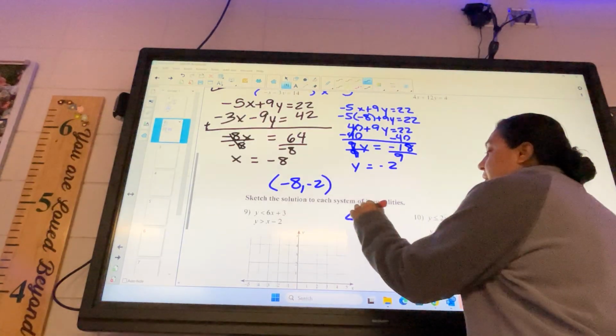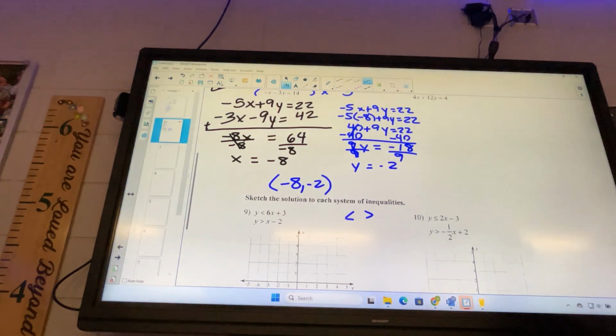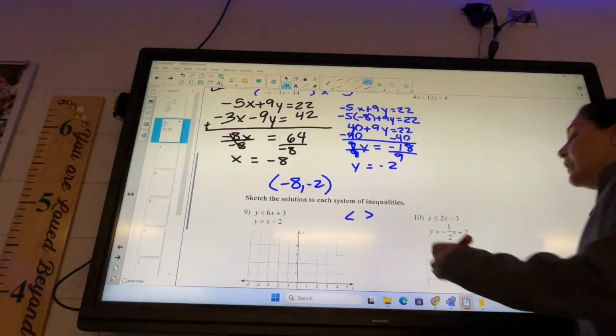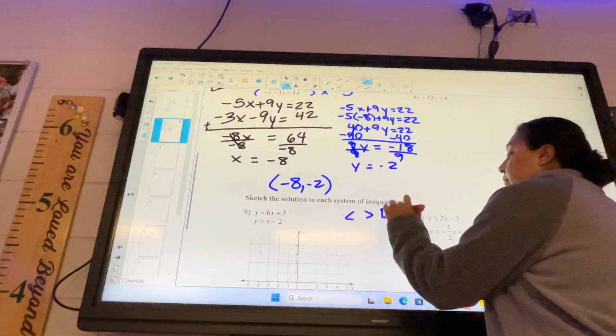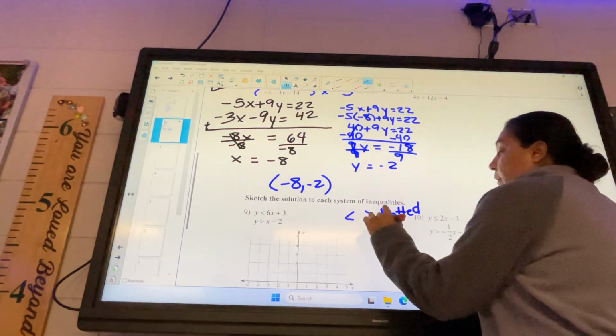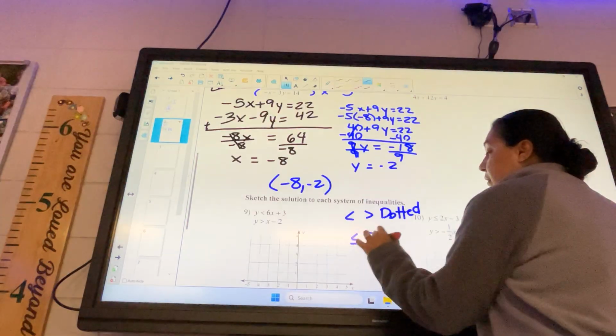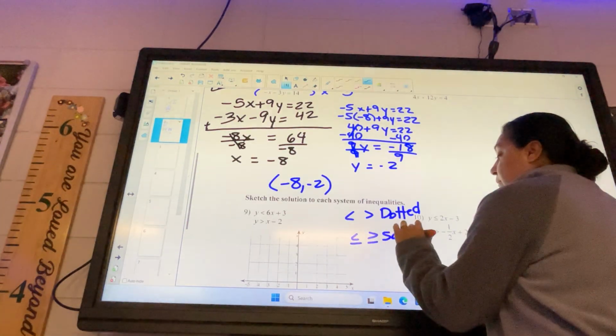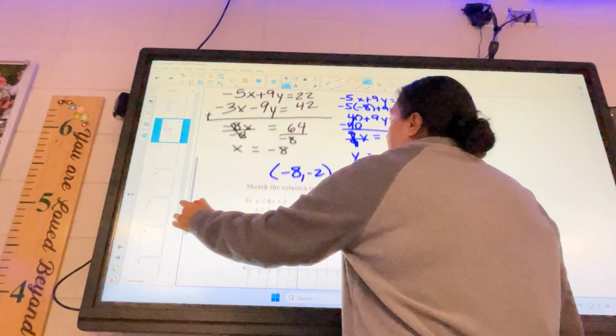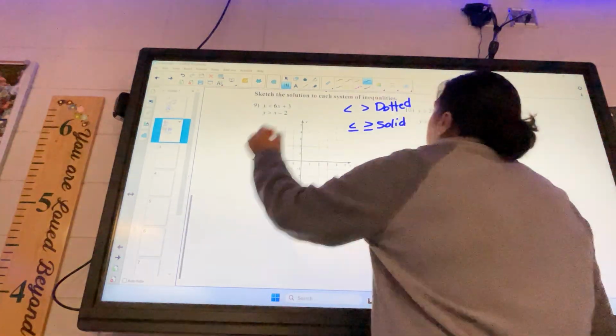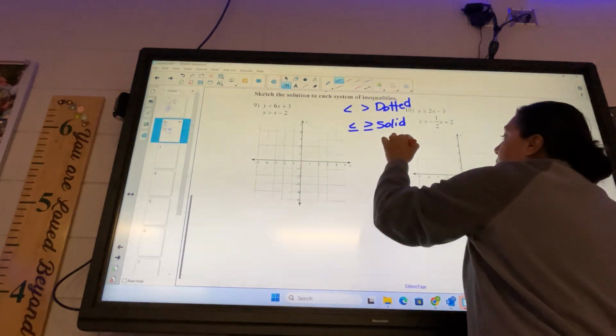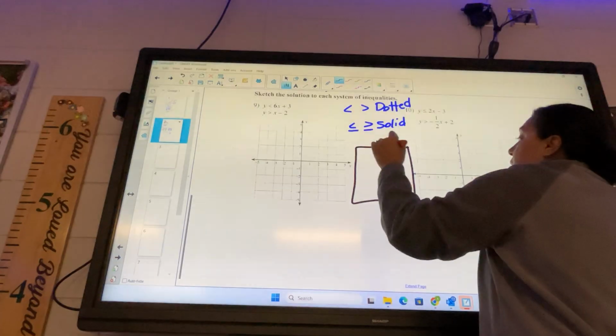Is this going to be a solid or dotted line? That is a dotted line. So then this is obviously a solid line. We also have, you're going to pick something from each one of these boxes.